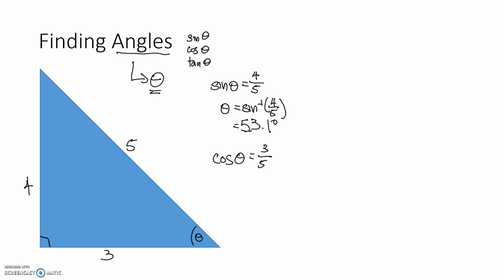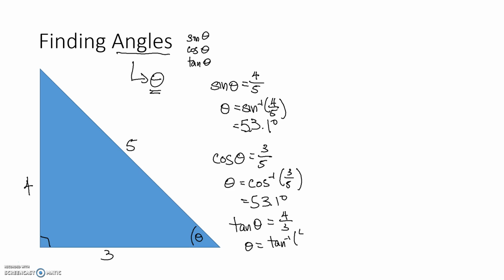You want to find theta, so you just take the inverse of the cosine of 3/5, you get 53.1 degrees as well. Tangent theta is opposite over adjacent, 4/3. Theta is tangent inverse 4/3, which will give you 53.1 degrees as well.